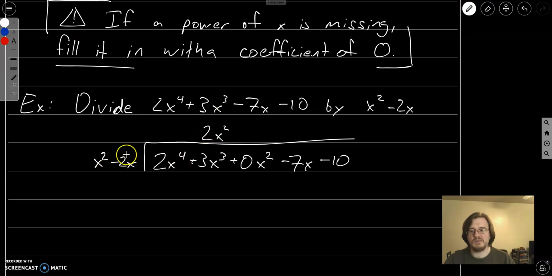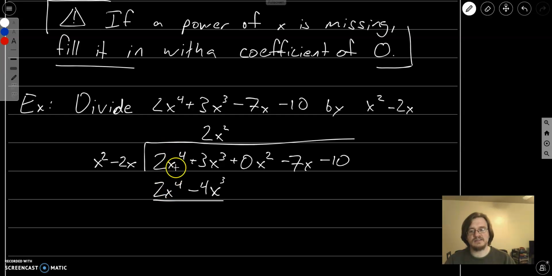so I've divided, now I multiply. x squared times 2x squared is 2x to the fourth, and negative 2x times 2x squared is going to be negative 4x to the third power.